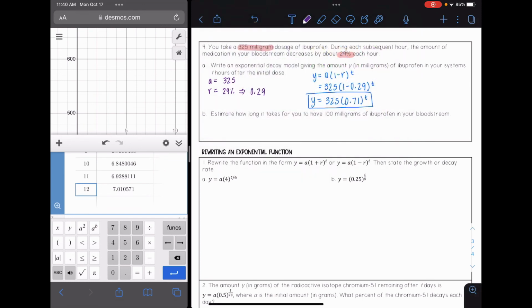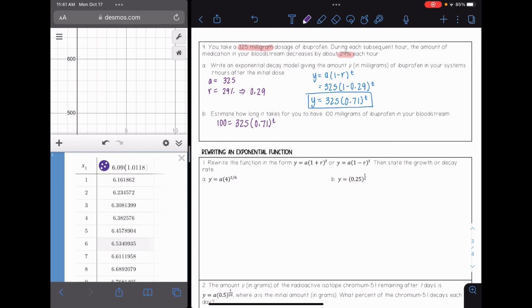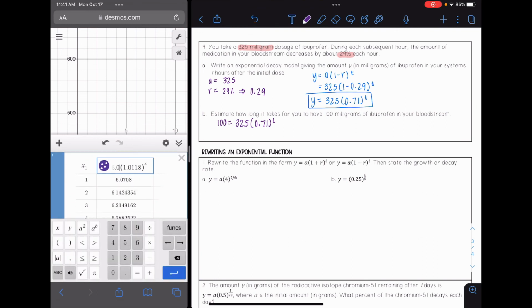Okay, and then part B says to estimate how long it takes for you to have 100 milligrams of ibuprofen in your bloodstream. And so this time I want to see when y is equal to 100. So I have 100 is equal to 325 times 0.71 raised to the t. So coming back to Desmos, I need to rewrite this function.